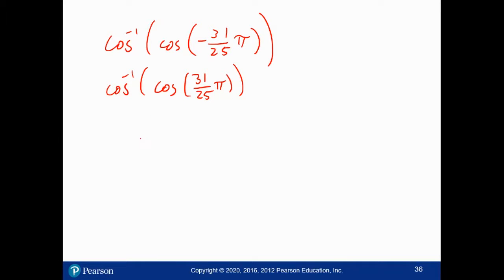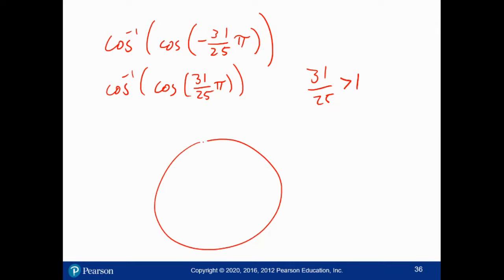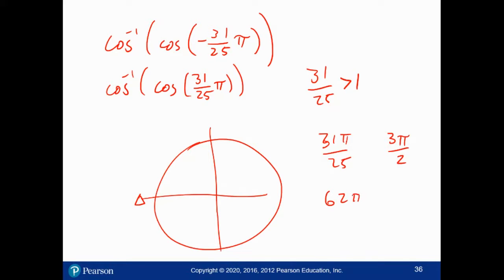Okay? So what quadrant is 31 over 25 pi in? Well, since 31 over 25 is bigger than 1, this angle has gone past quadrant 2. Okay? But is 31 pi over 25 bigger than or less than the next quadrant divider of 3 pi over 2? Well, if I cross multiply, you'd be comparing 62 pi versus 75 pi. What's bigger?